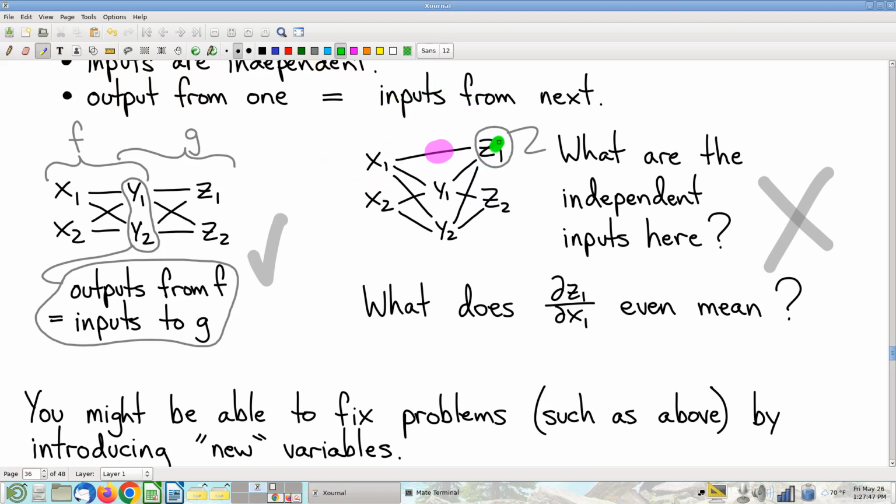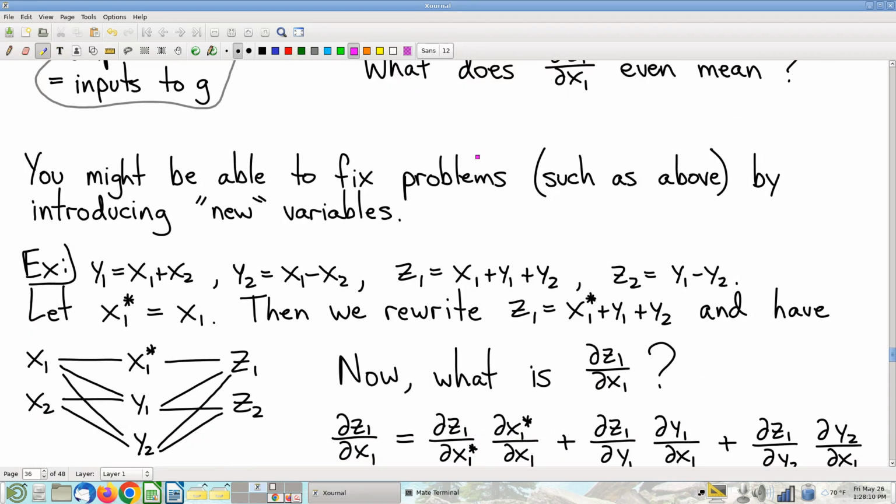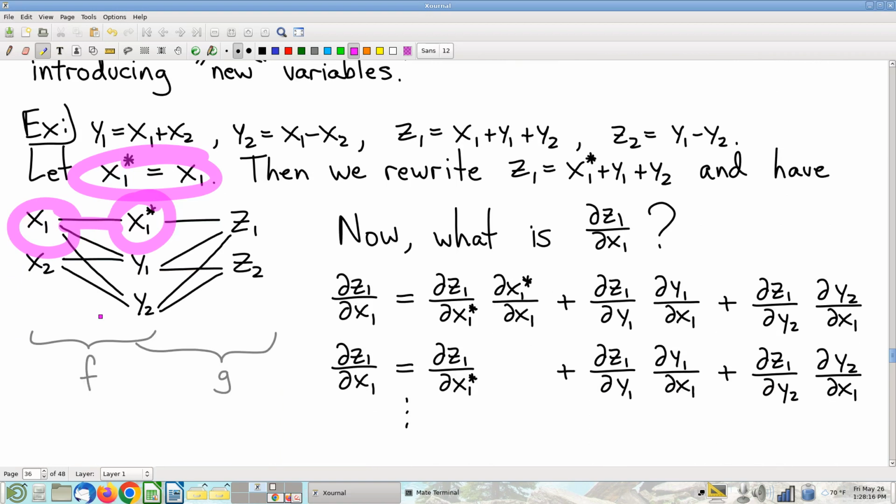Now I've got Z1 as a function of that thing, whatever that is. Isn't that cheating? Not really, as long as I make sure that whatever that is actually equal to X1. So that's the fix. It's not even a hard fix. Just introduce a new variable in a place that makes your diagram fixed and just make sure it's equal to whatever it needs to equal to. I need that to equal to that. Cool. So I introduce that one new equation.